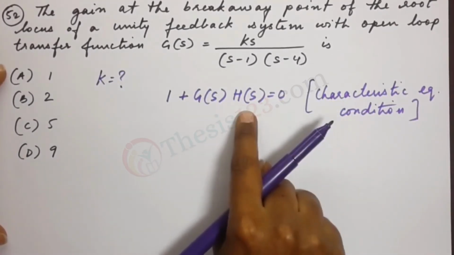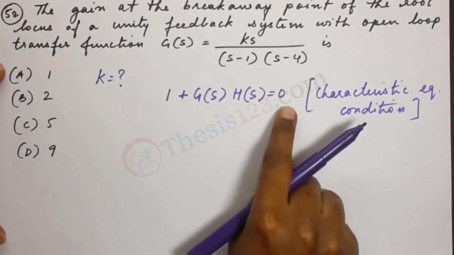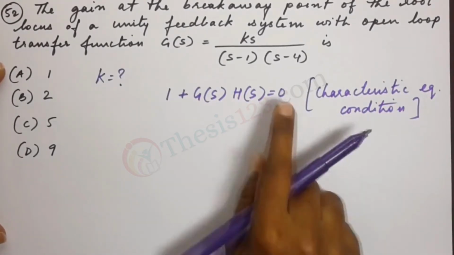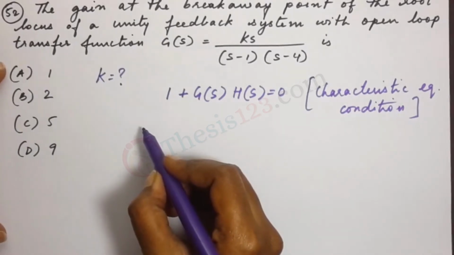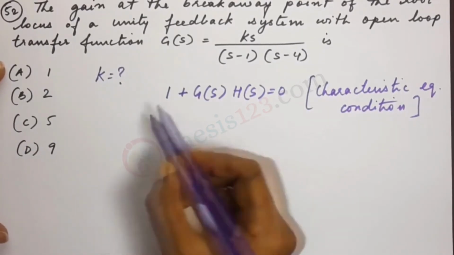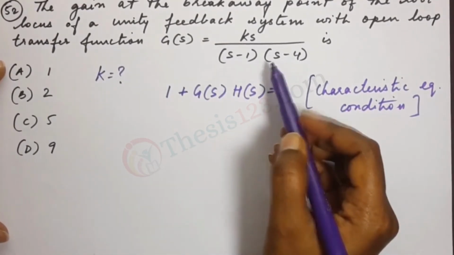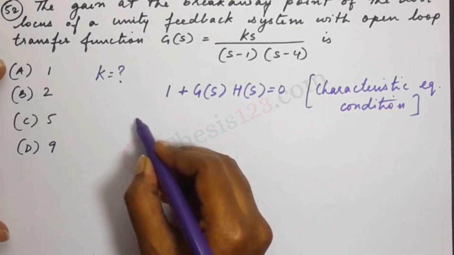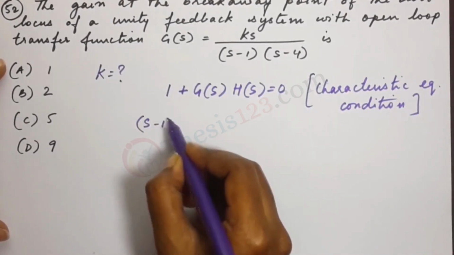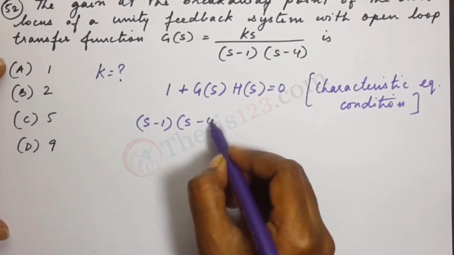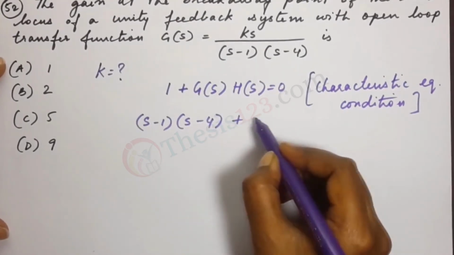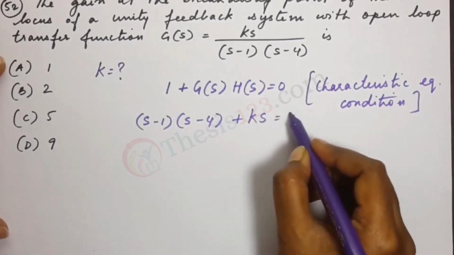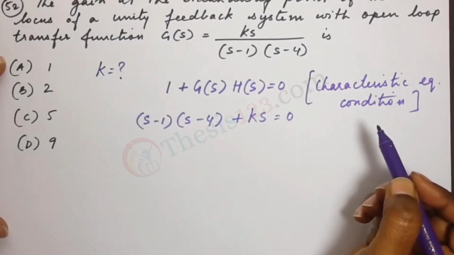1 plus G(s)H(s) is equal to 0. Now let's work it out with respect to what's given to us over here. We have (s minus 1)(s minus 4) plus Ks is equal to 0.